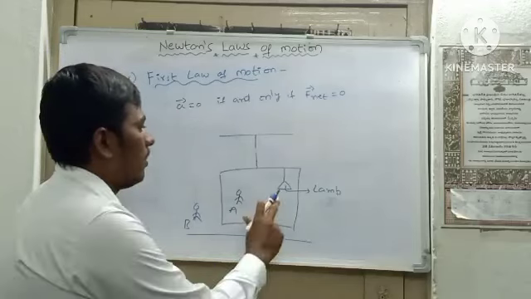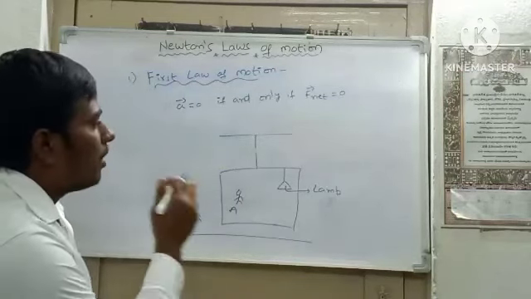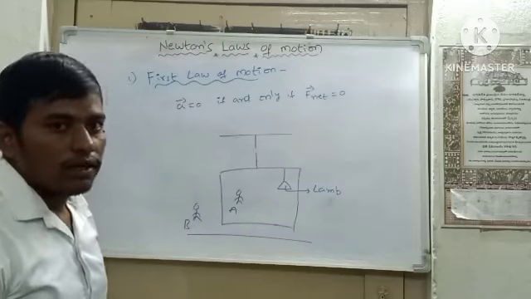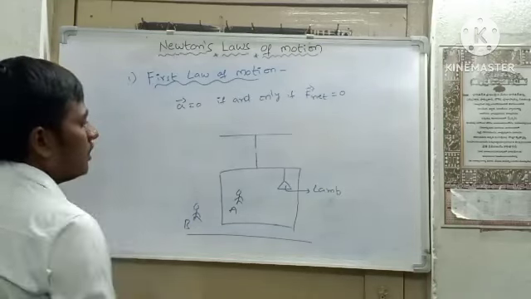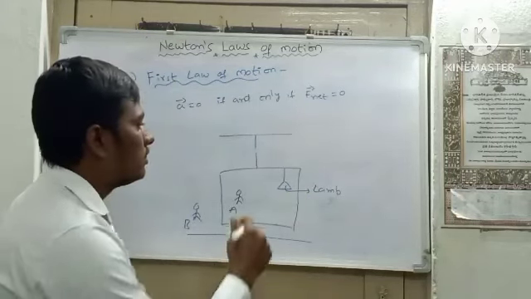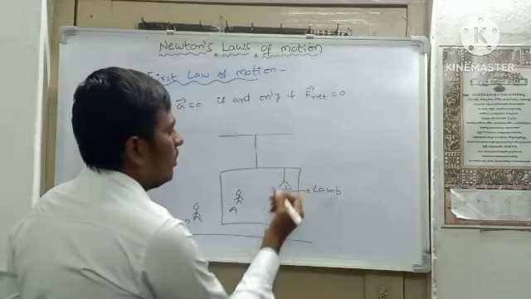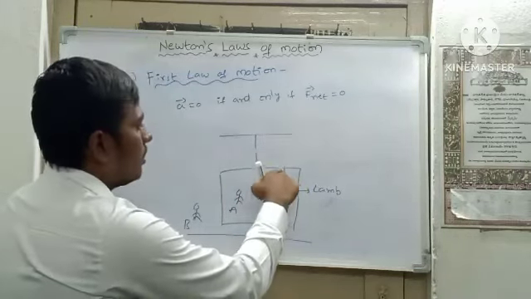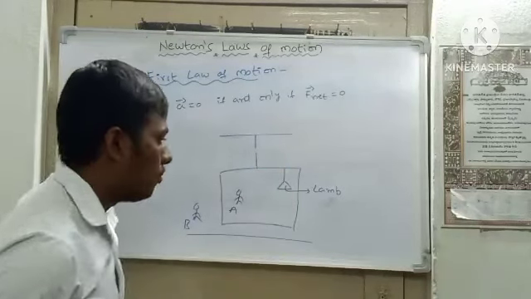So in the cabin, on the lamp, how many forces are working? Two forces are working. One is the gravitational force, another one is the electromagnetic force, that is, the tension T applied by the wire or the rope.